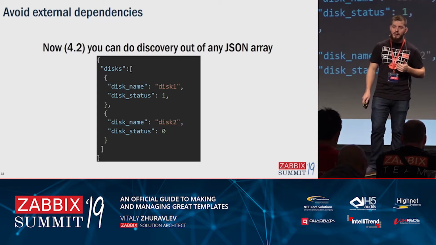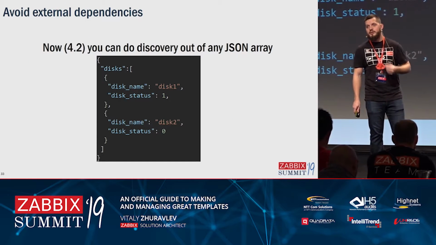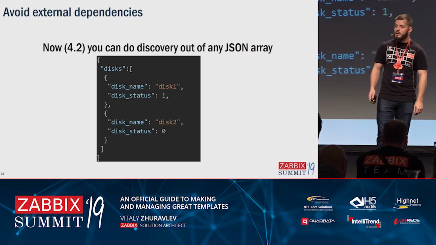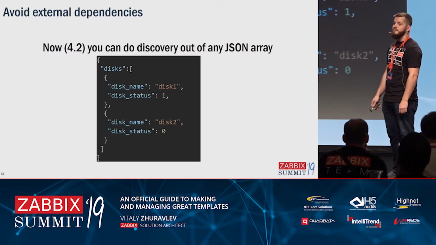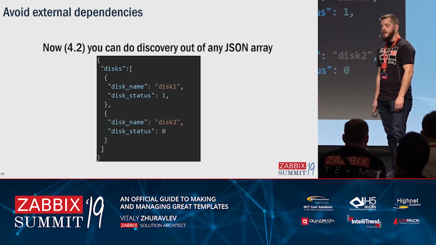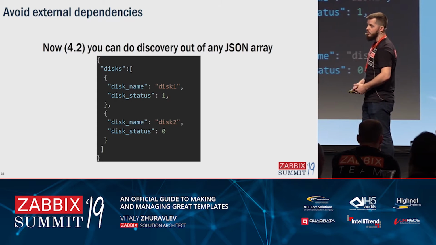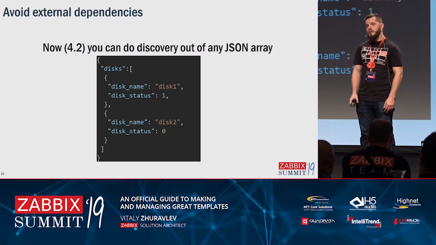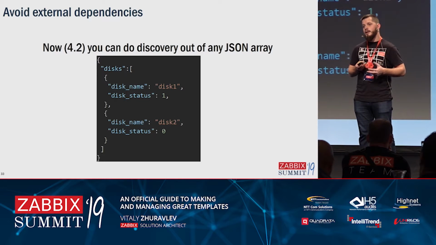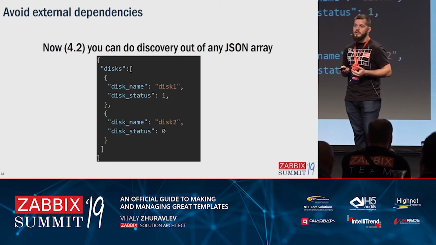For instance, one of the reasons why we still have so many bash and similar scripts together with templates is because we needed to do the discovery of things, and for that we needed to create a specific JSON that Zabbix would understand.